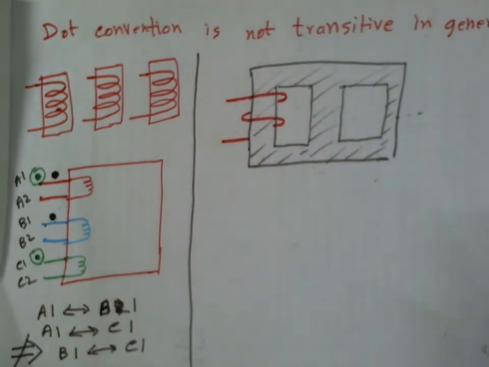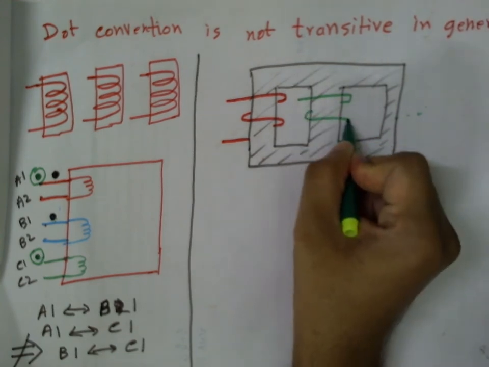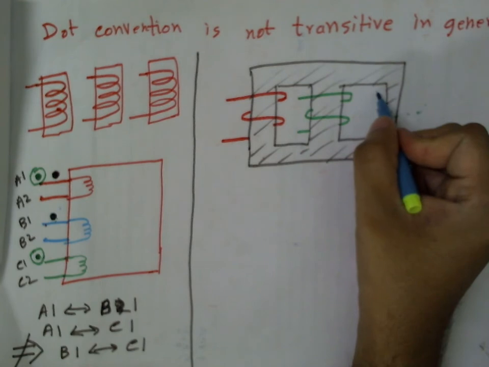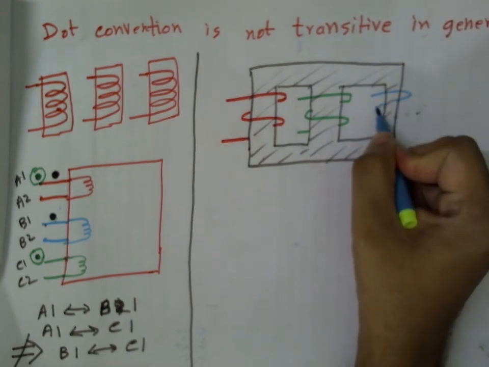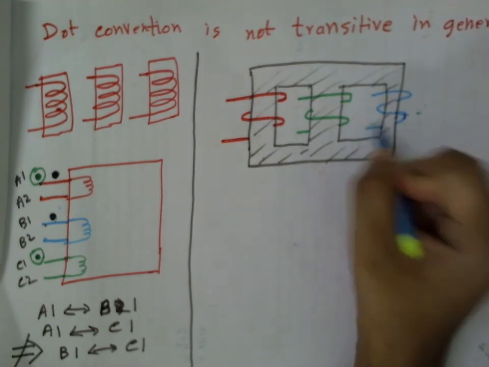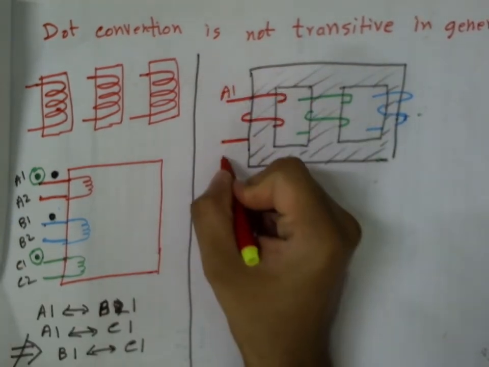One, two, and three. So let me call them A1, A2.